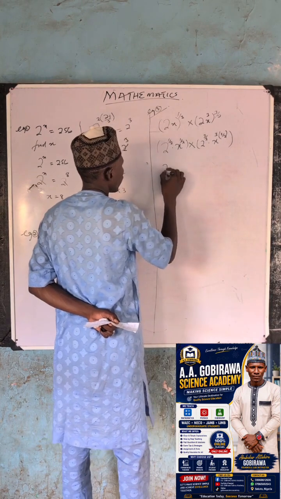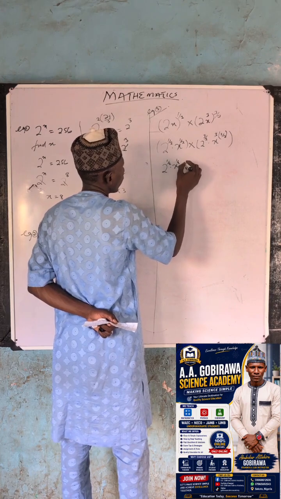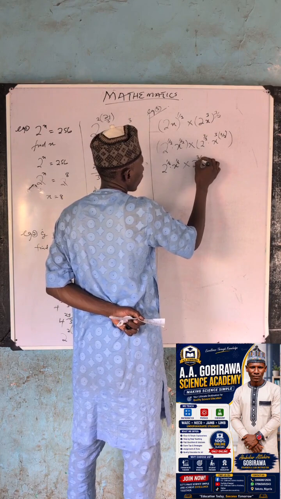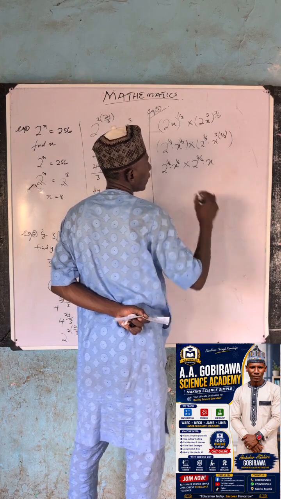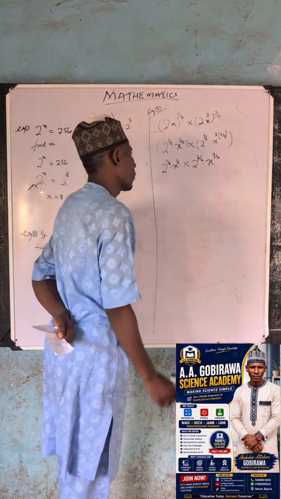Zai zama mana 2 power 1 all over 2 dot x power 1 all over 2 multiply by 2 power 3 all over 2 dot x power 3 times 3 is 9 all over 2. Muna tare ko?